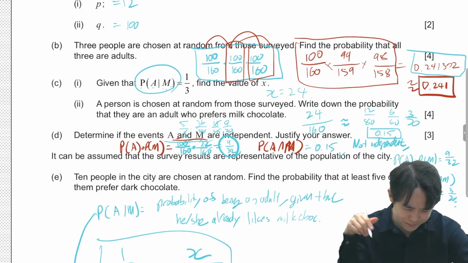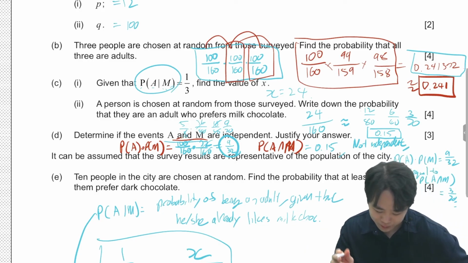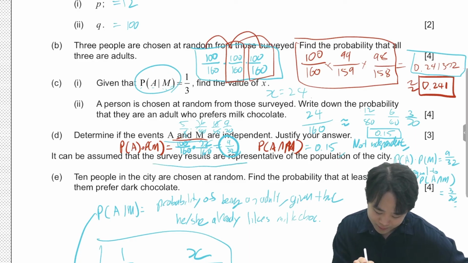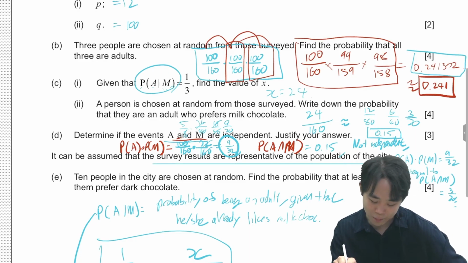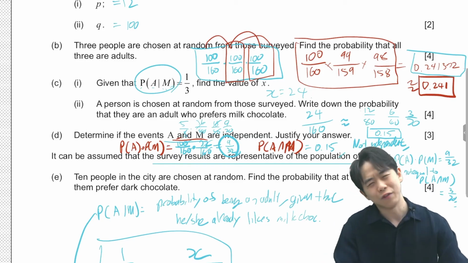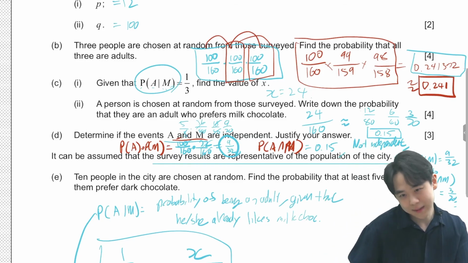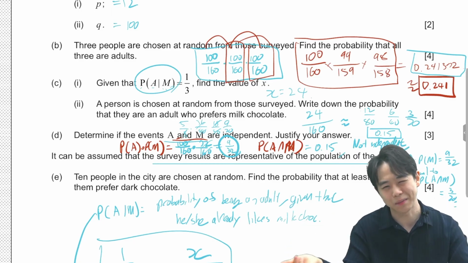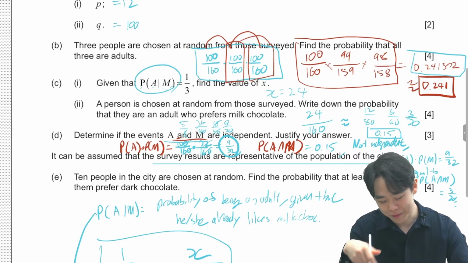Okay, last part, it's a bit tricky. You have to know what the question is talking about, because it says the survey is representative of the entire population. So if there are 100 out of 160 adults, we can scale that out to the entire city, so out of every 16 people, 10 of them are adults. Same for the ratio of chocolate preference.